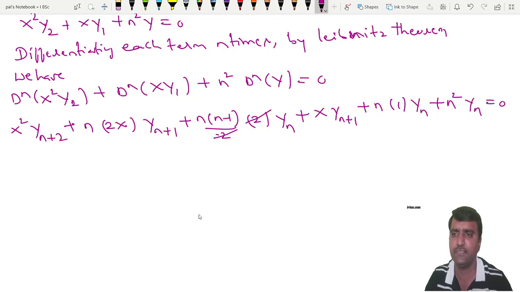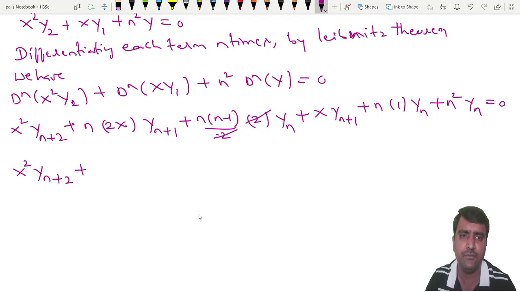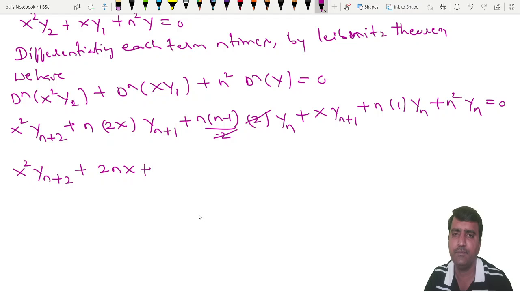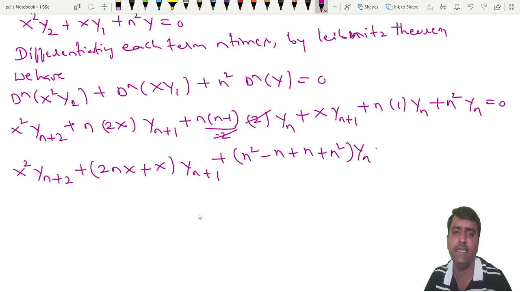So see if any other terms cancel, it is x square into yn plus 2 plus you take all 2n plus 1 terms common factor, it is 2nx plus, this is x yn plus 1, so plus x into yn plus 1, you take yn plus 1 common factor, plus here it is n into n square minus n into 1 n plus this is n plus n square into yn terms, take common factor.